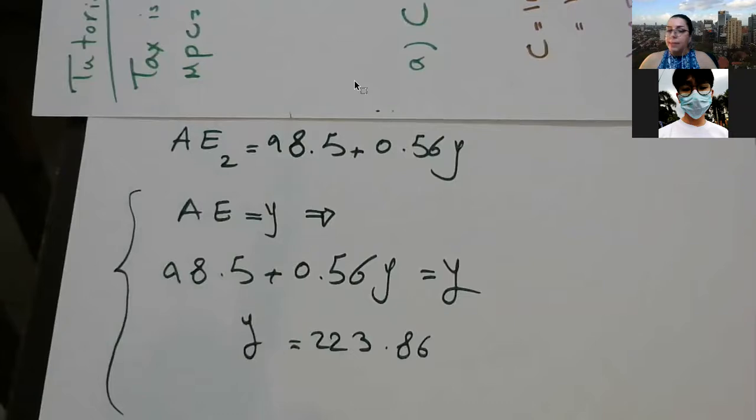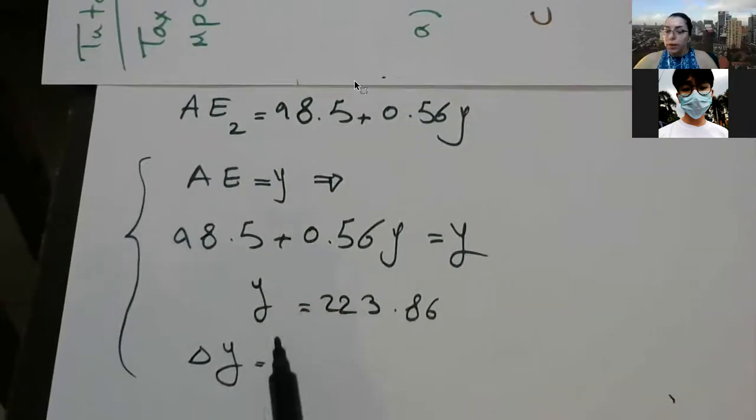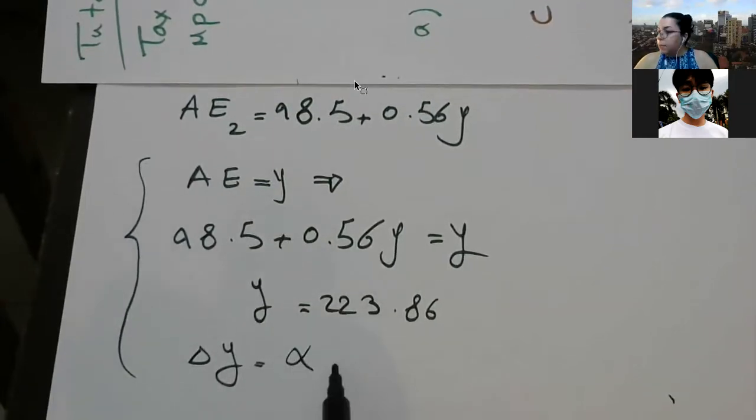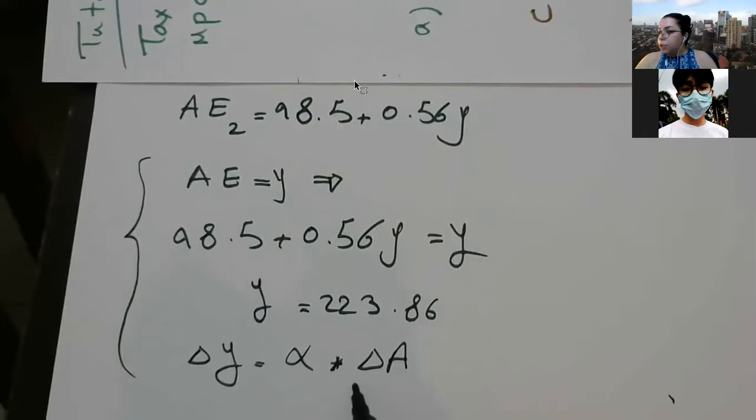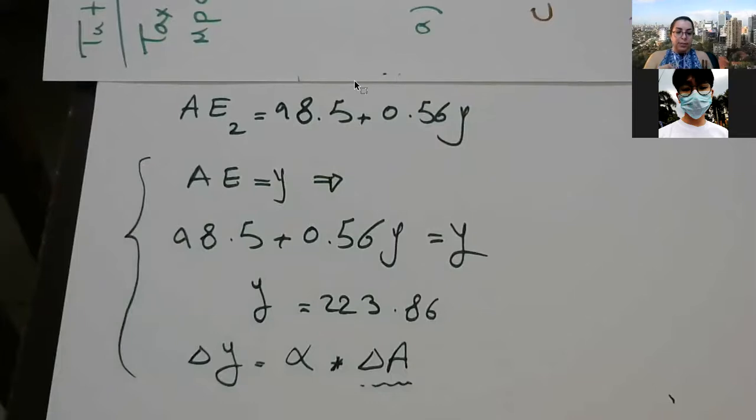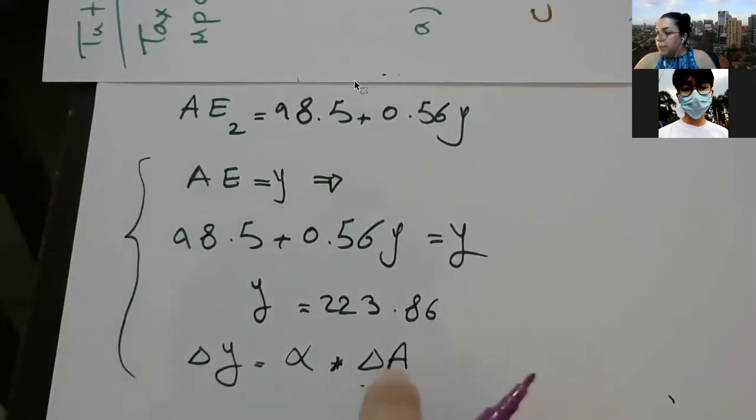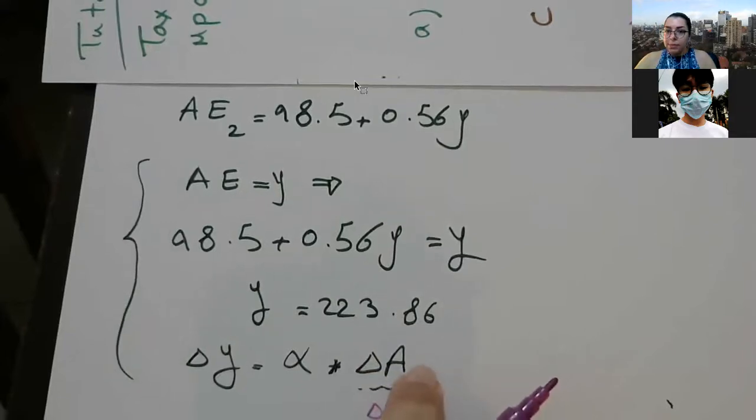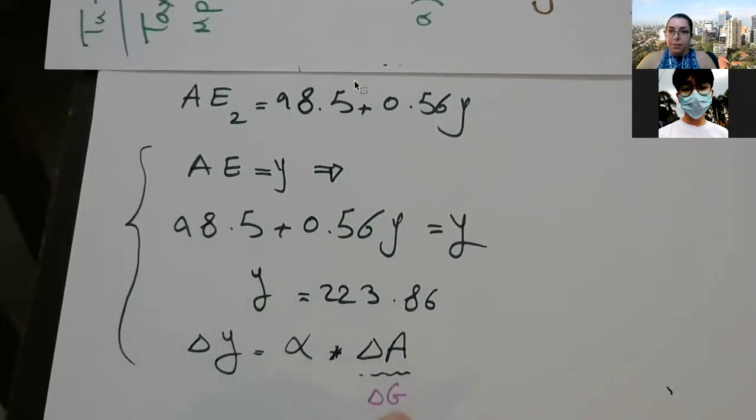So what is the second way? You remember that we have the formula that the change in income is equal to the multiplier effect multiplied by the change in autonomous expenditure. Now, what part of the autonomous expenditure has changed? This time it is G. So the change in autonomous expenditure is equal to the change in government expenditure, which is 5 units.